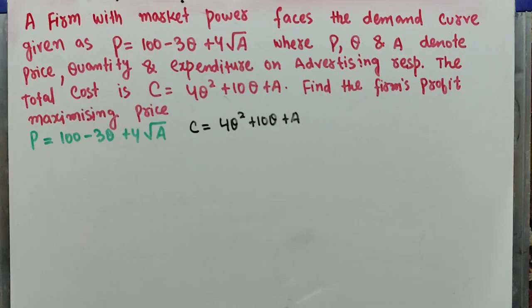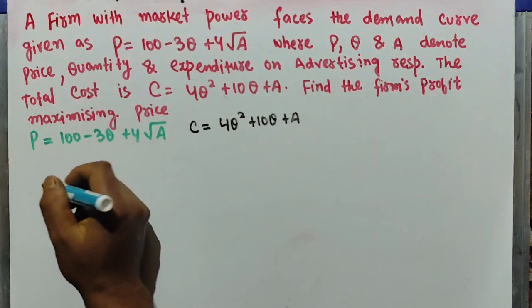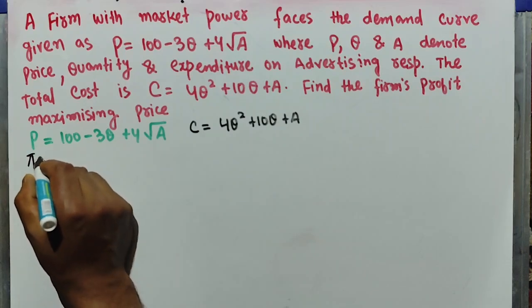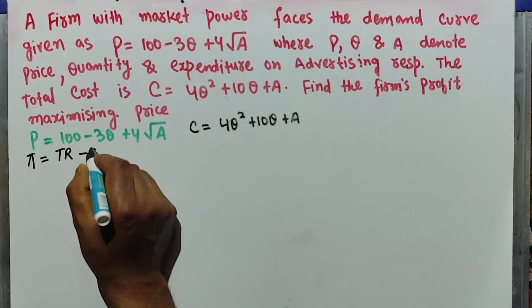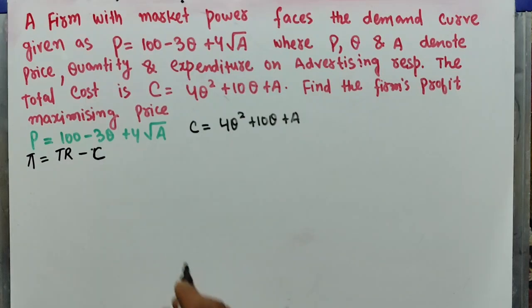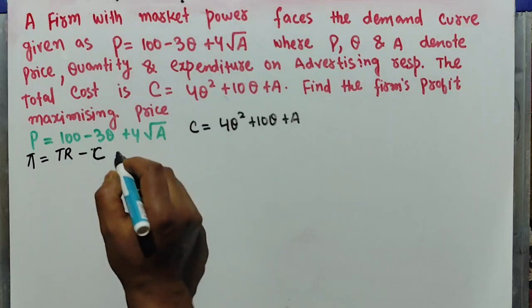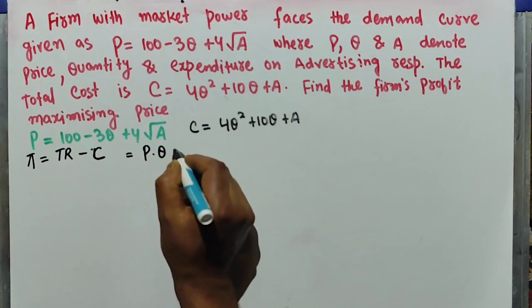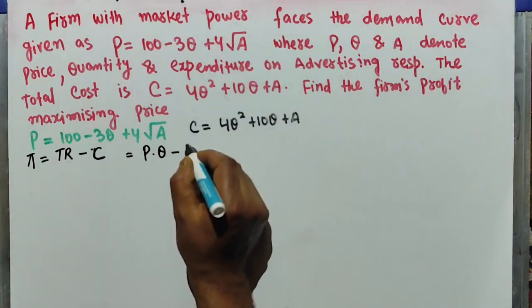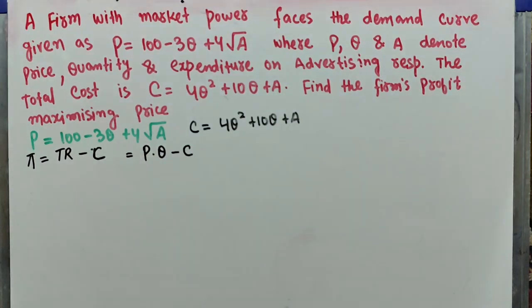Now first we need to find out the profit function for the firm. So profit will be equal to total revenue minus total cost. Let us denote the total cost by C, and we know that total revenue is price into output, minus cost C. This is our profit function.